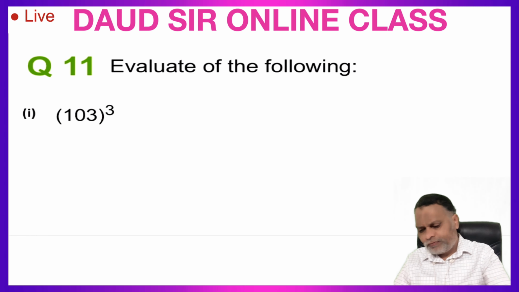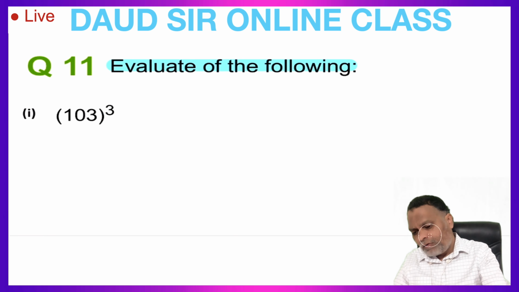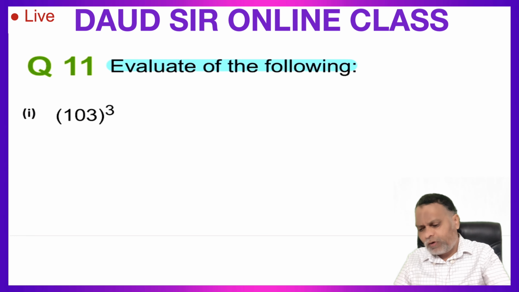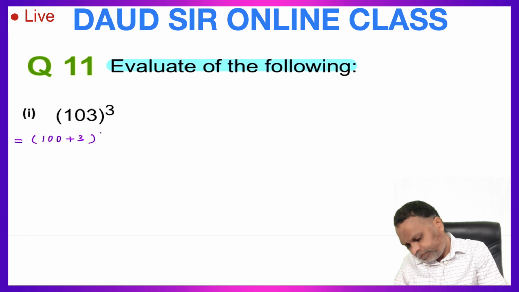Question number 11. Evaluate the following. We have to evaluate their values. 103 whole cube. Part first, 103 whole cube. So this 103 whole cube can be written 100 plus 3 whole cube.